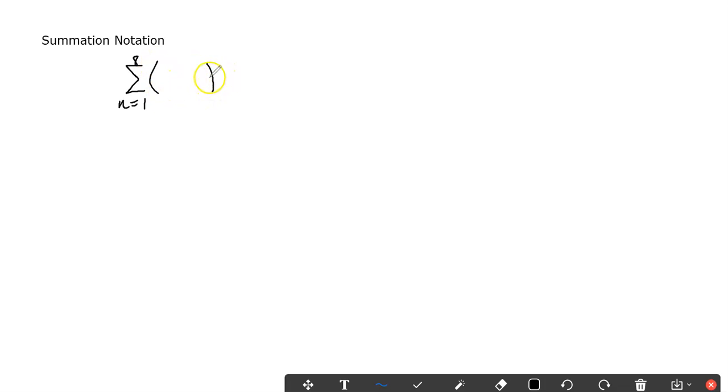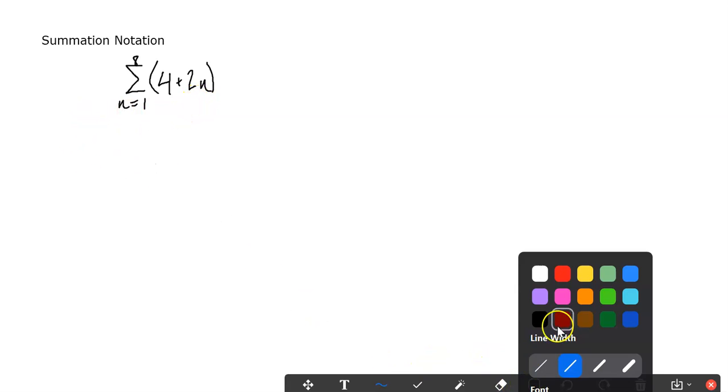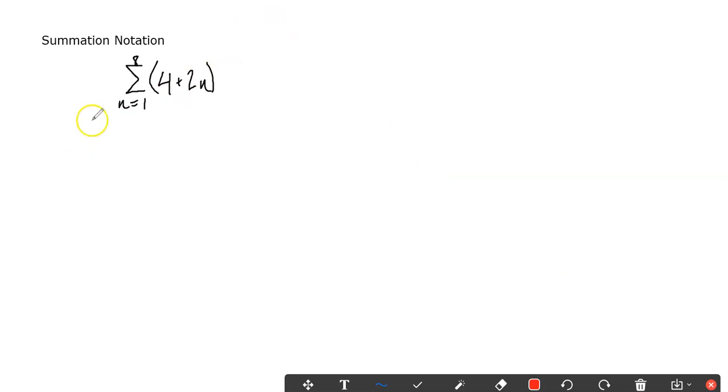Now, I am going to use an arithmetic sequence for this example. So let's start with 4 plus 2n, which if you want to figure out how that puts into the original sequence formula, you can kind of do that. I'm not going to do that right here. I'm just going to basically list them out. But basically, the summation notation here is just telling you what you're adding up.